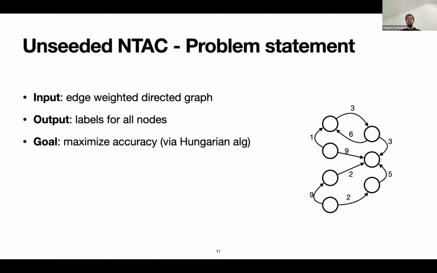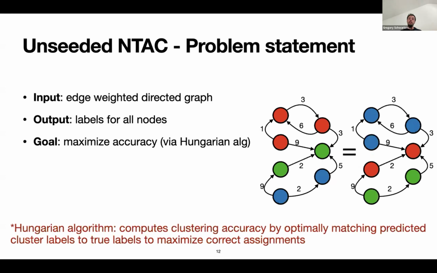For the unseeded version, it's a bit more subtle. So the graph doesn't know about types, so it just groups nodes together. And the thing is that you can switch the groupings, right? If the graph says these nodes are all red, for example, and these ones are blue, you can switch blue and red.